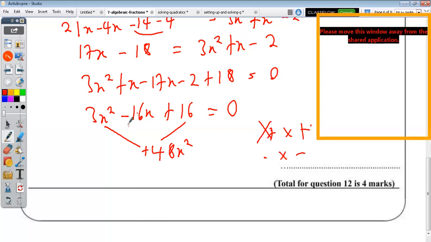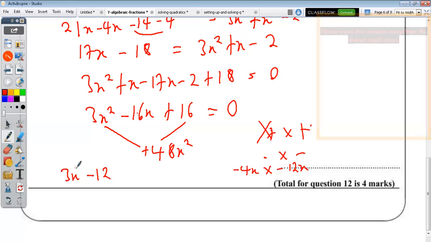If you add them, so it's minus 4x multiplied by minus 12x. They give you that. When you add, you get that. So it means 3x squared minus 12x minus 4x plus 16 is equal to 0.